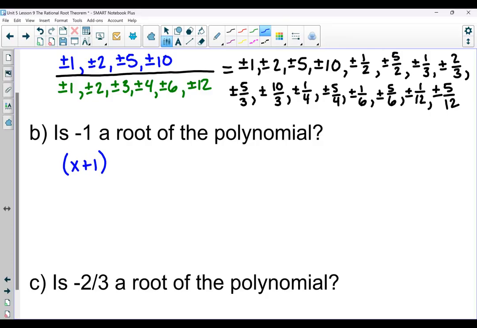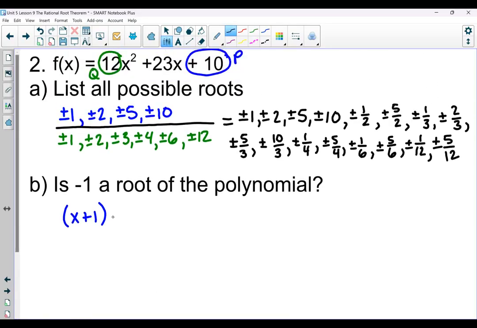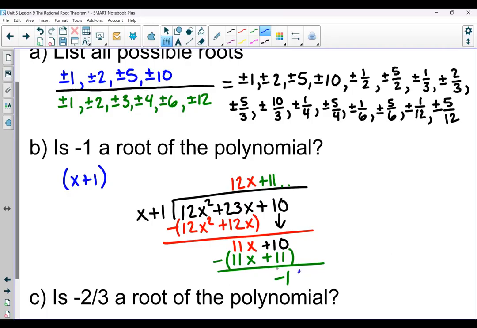So we know that the factor x plus 1 is a factor of the polynomial if we perform long division and we get 0 as a remainder. So let's do it. Is x plus 1 a factor? Perform your long division. We find out that no, it's not. It has a remainder of -1. So -1 can't be a root because x plus 1 is not a factor of the polynomial.